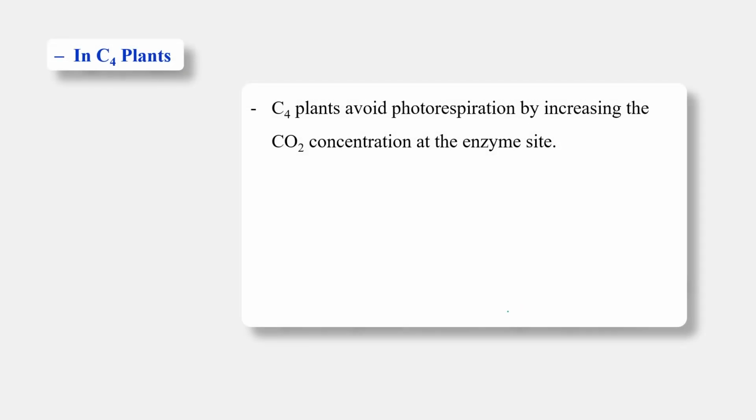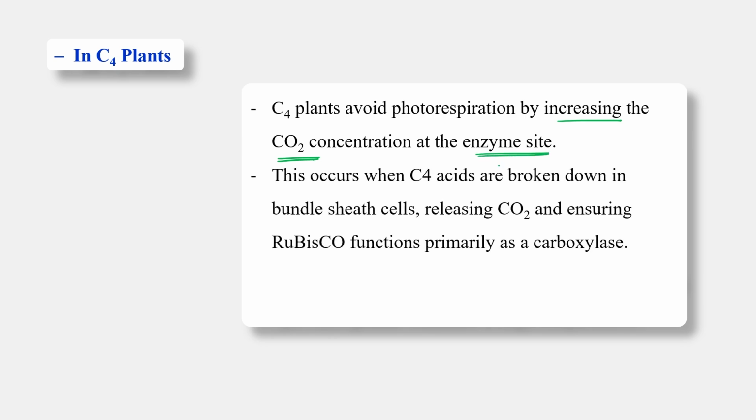While C4 plants avoid photorespiration. How? By increasing carbon dioxide concentration at this enzymatic site. So obviously the enzyme binds with carbon dioxide, and C4 acids are broken down in the bundle sheath cell, as we just saw in the diagram.